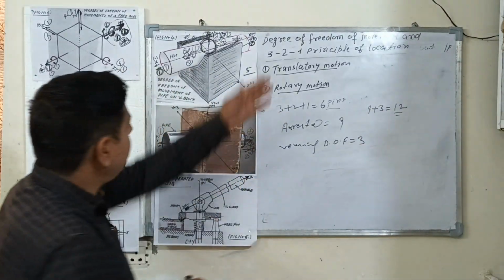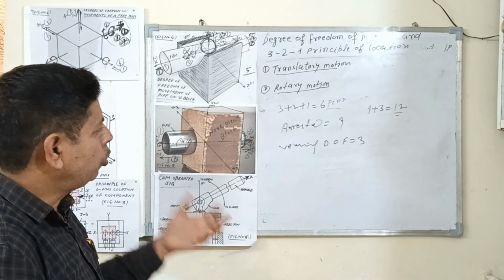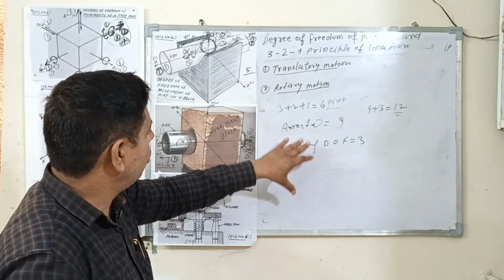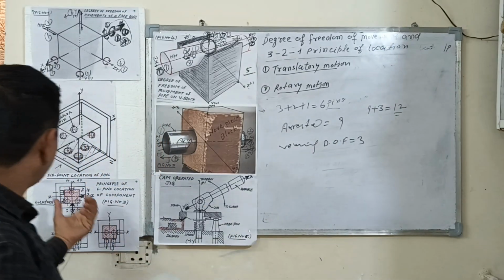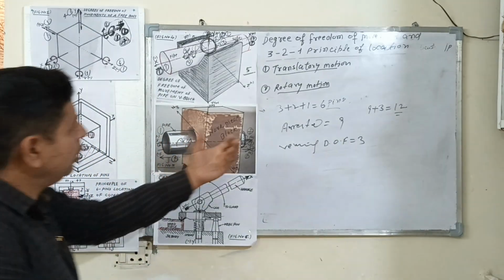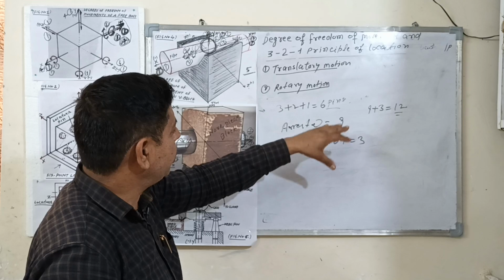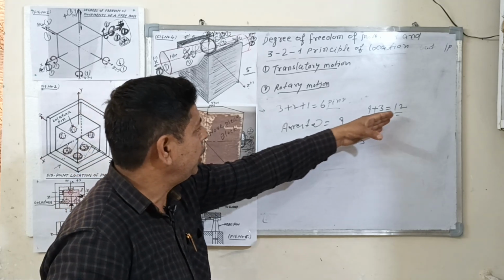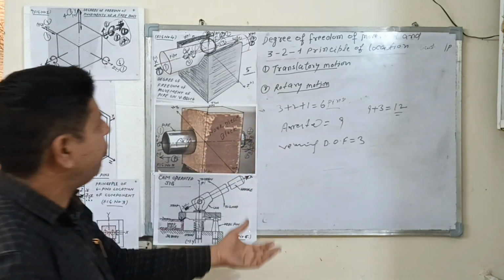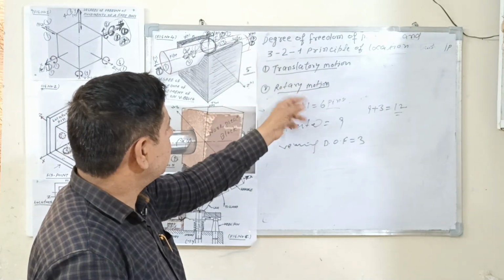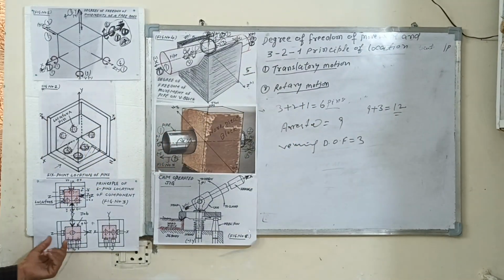So 6 pins are used to arrest and stop the motion of the component. Motion means degree of freedom. How to control the degree of freedom with the help of 6 pins? The 6 pins are located here.